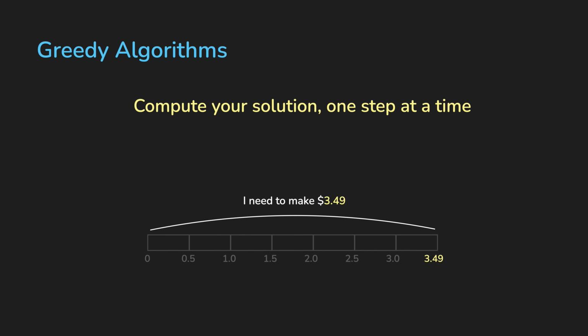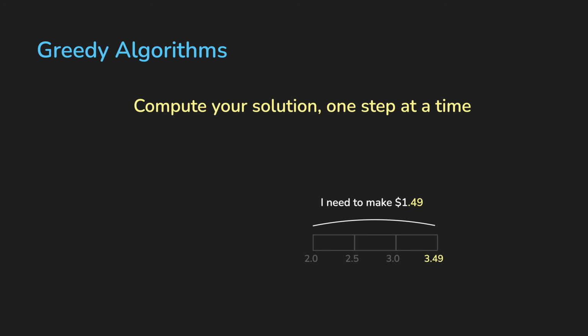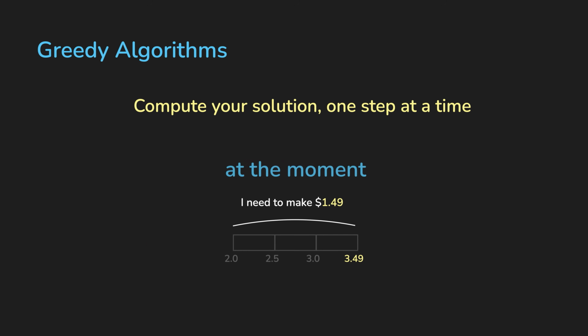If we look at our strategy with the coins, what we did was at each stage, when we have change left, we would choose which coin to pick. We didn't really think ahead. We just looked at the amount left at the moment and based our decision on that state without considering what we've picked and what we're going to pick in the future. Hence, that is what we mean by we compute our solution one step at a time.